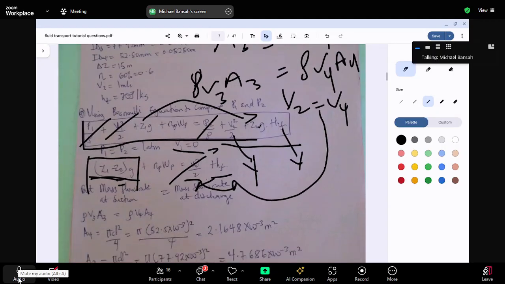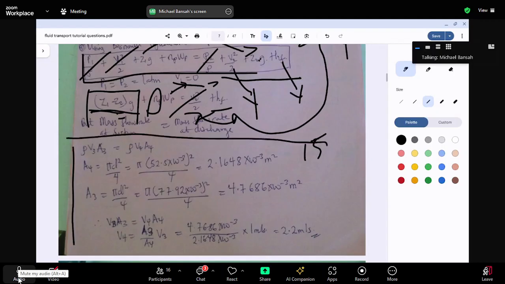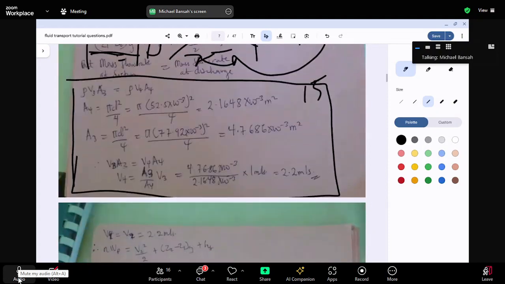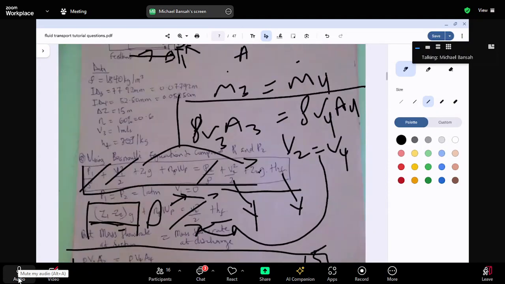But at the end of the day, if you do it very well, you will get the same. NP has also been given, so this is out. What we are left with is WP, which is the work of the pump, what we need. All this they have over here is the calculation for the velocity at point 4, and I explained that up here.